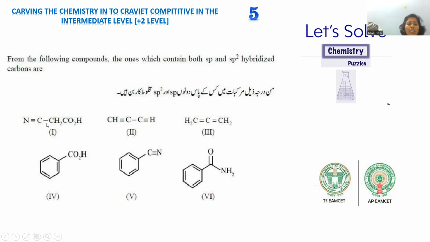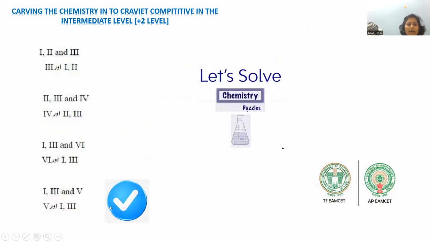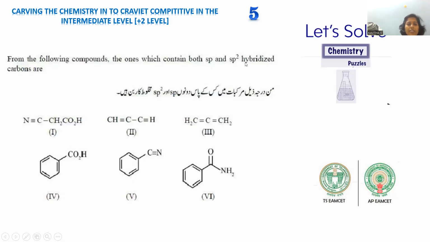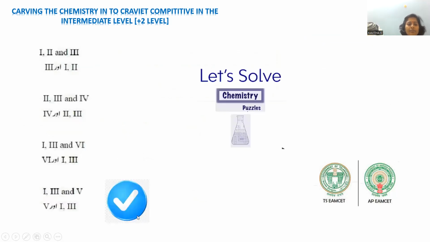So only option number 1, option number 3, option number 5. 1, 3 and 5 are the part of sp2 hybridization. This will be the correct answer.